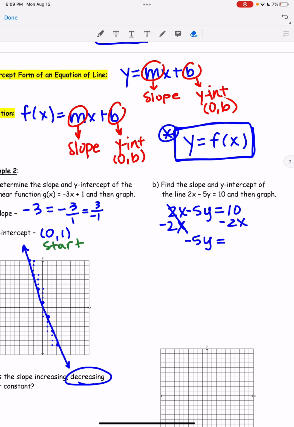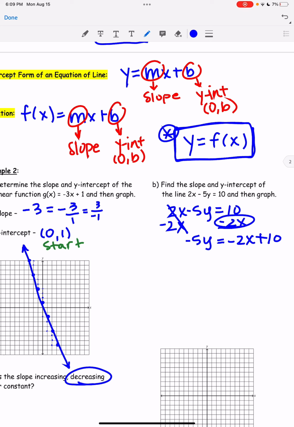And because I want this in the form where my x is first, I'm going to put -2x plus 10. Just make sure my 2x is negative here, and my 10 is positive, so it's positive here.